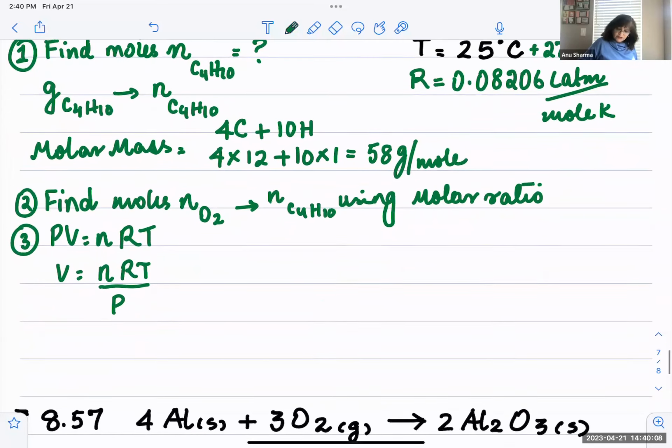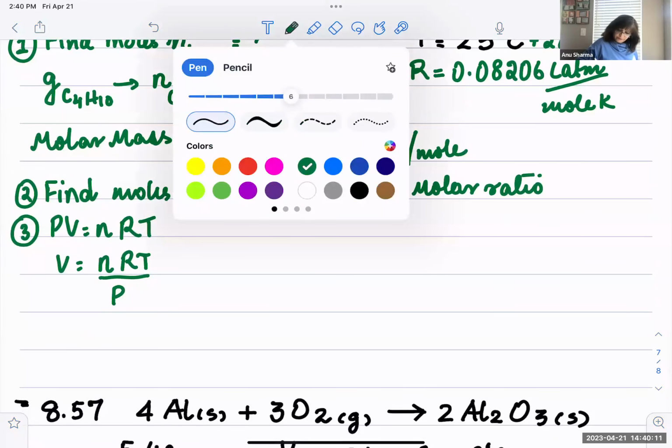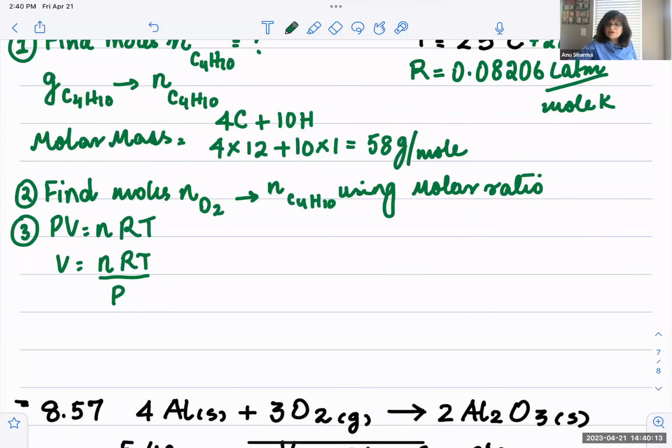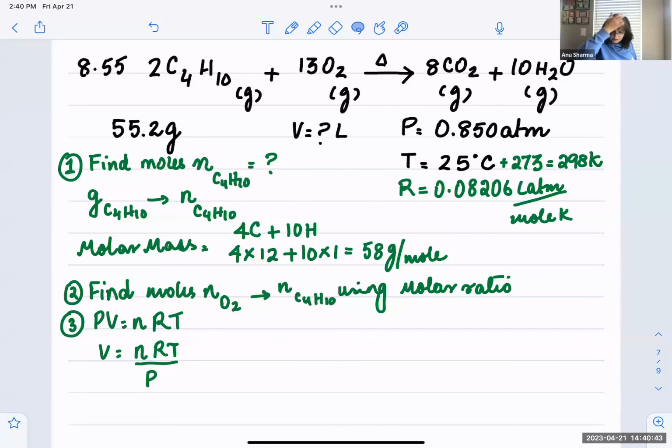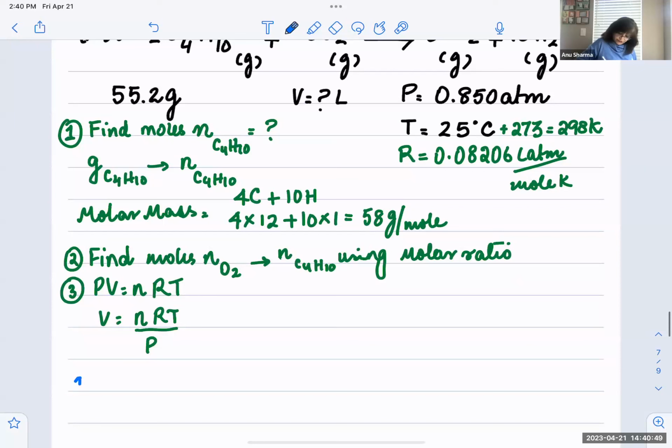Okay, so let's do this now. All right, so let me just place out a few things here. Give me a minute. Okay, so let's do this here. We have find the moles. So number one, first step is the moles of butane, C4H10.